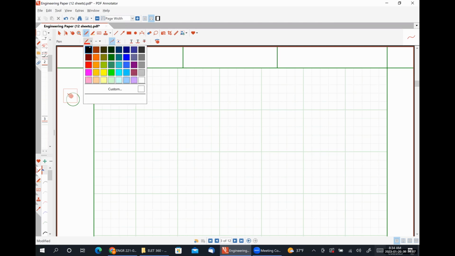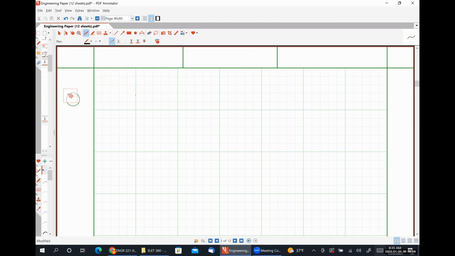So the circuit that we are going to analyze is this guy here. We have a 3 amp source connected to an 8 ohm resistor. And then here we're going to have our switch.